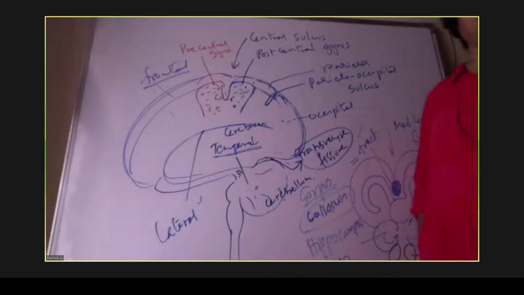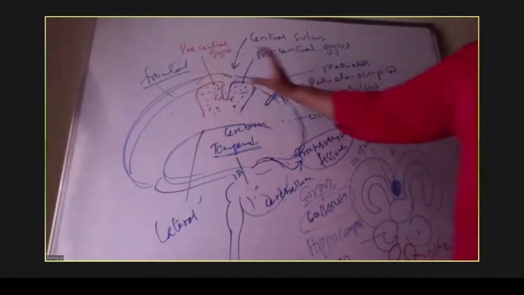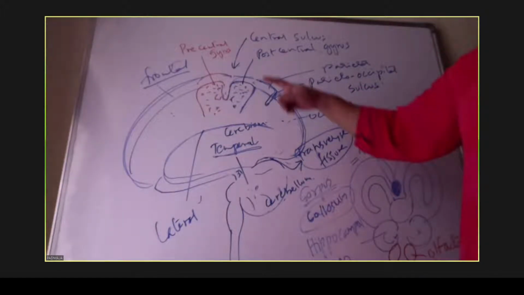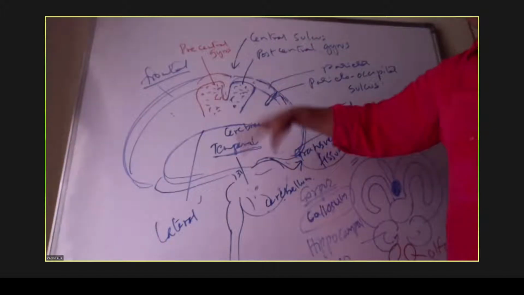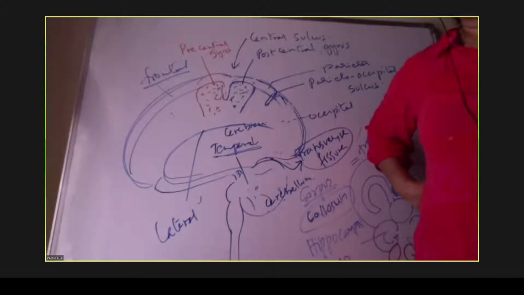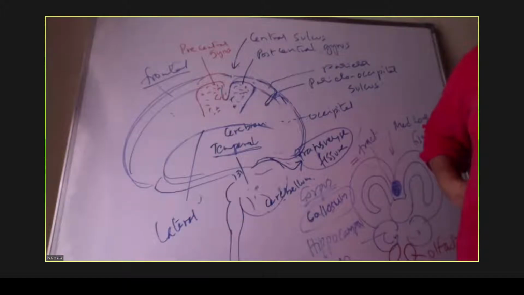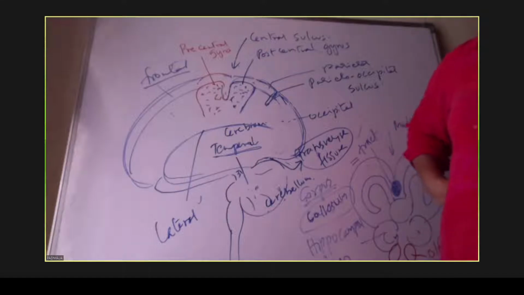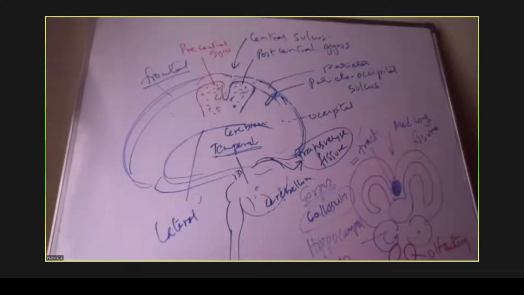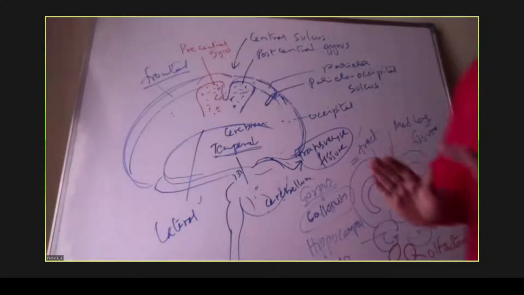Correct. So the cerebral cortex, the outer layer of the cerebrum, is the outer gray matter. Why is it gray in color? Because of cell bodies and Nissl granules. Important.